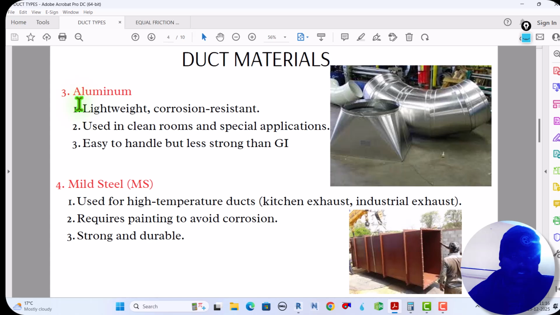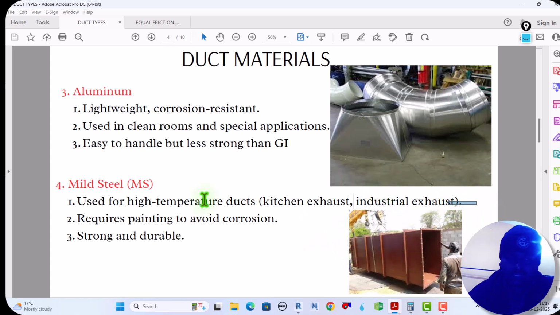The third one is aluminum, most commonly used in clean rooms. The fourth one is mild steel. This duct we use in kitchen exhaust and industrial exhaust, most commonly all types of exhaust.